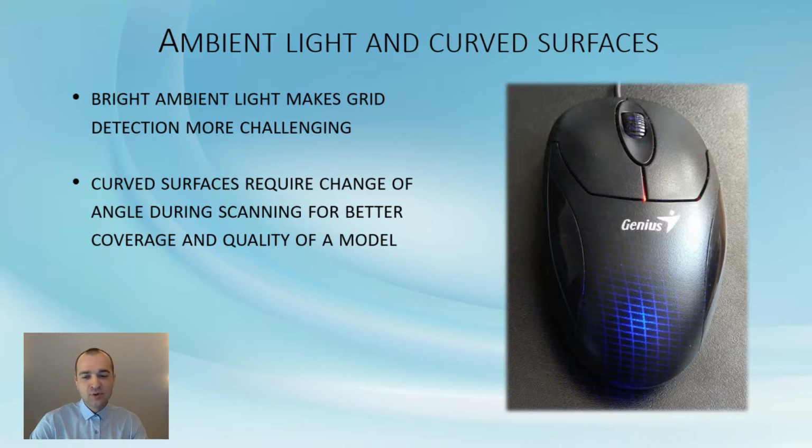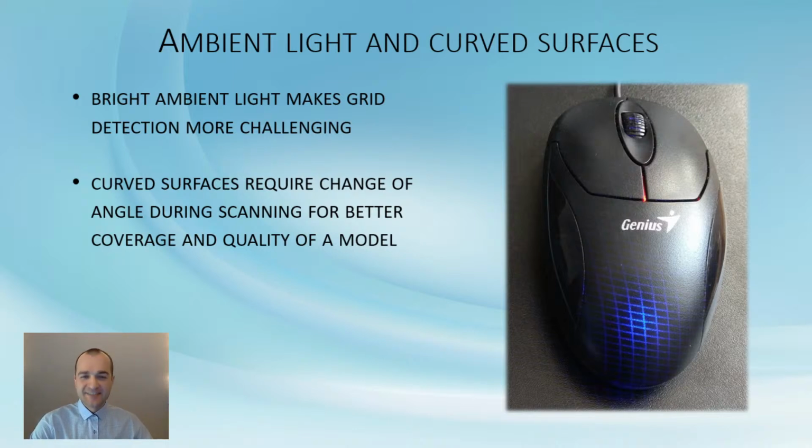And it's also important to move your scanner around to move this part of the grid which is clearly visible for a scanner. If you move around this object and let the scanner collect this data from the areas where it sees clearly, you will get a much better result.